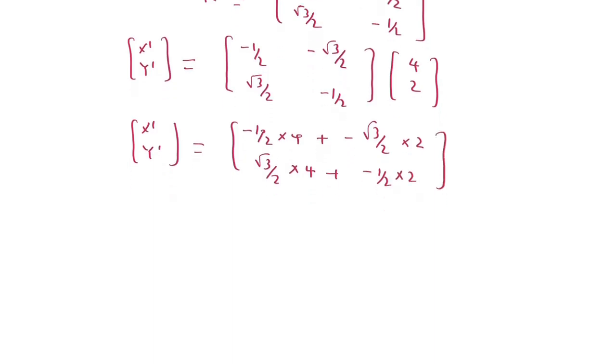Solving this, we are going to have X image, Y image equals matrix negative 2 minus root 3, 2 root 3 minus 1. And this is going to be our final answer.